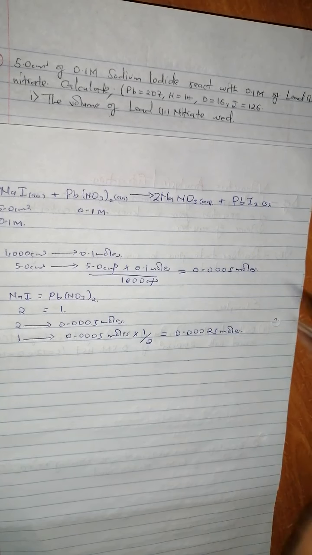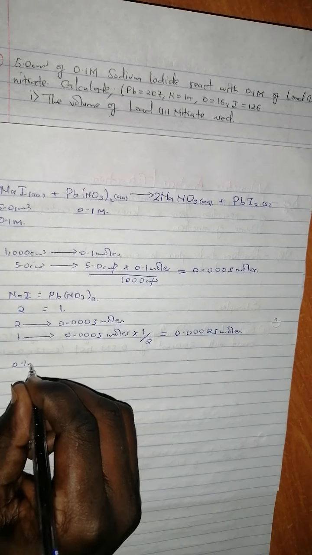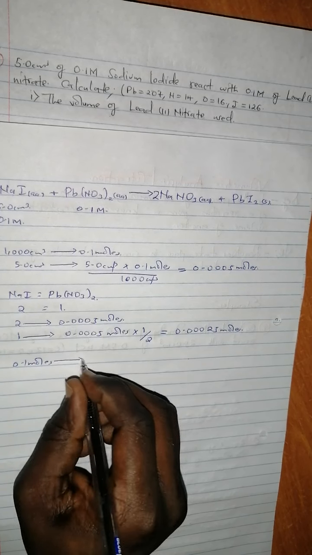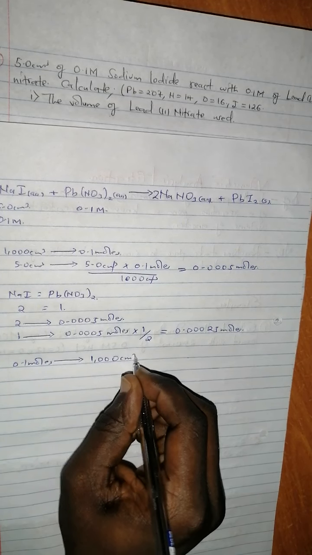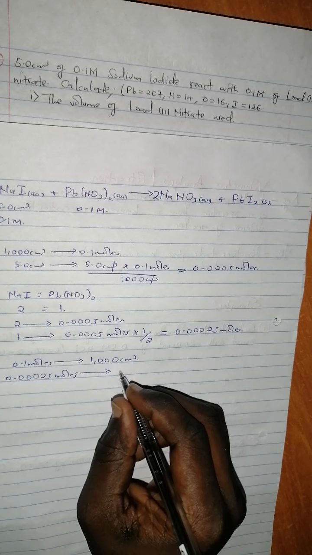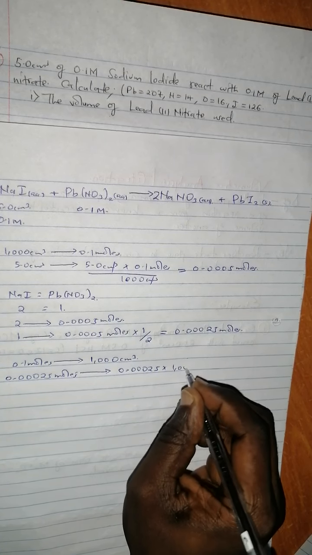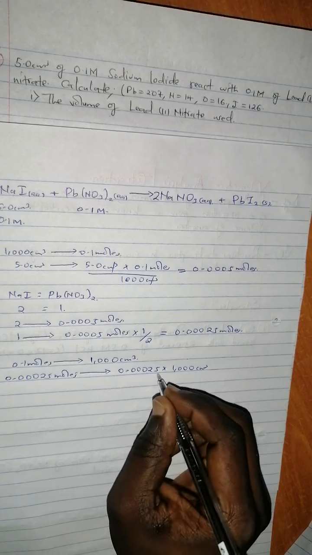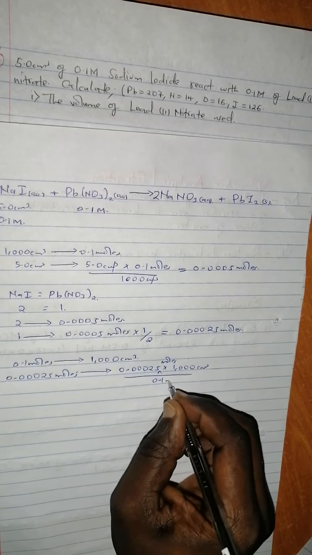So how do I get the volume of lead nitrate? From here, 0.1 molar means that 0.1 moles of lead nitrate is contained in 1,000 cubic centimeter. How about 0.00025 moles? What will be the volume of the solvent? 0.00025 times 1,000 cubic centimeter, divided by 0.1 moles.